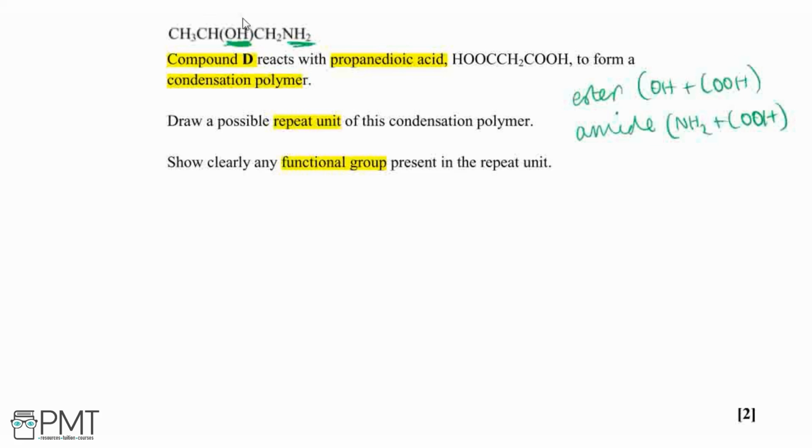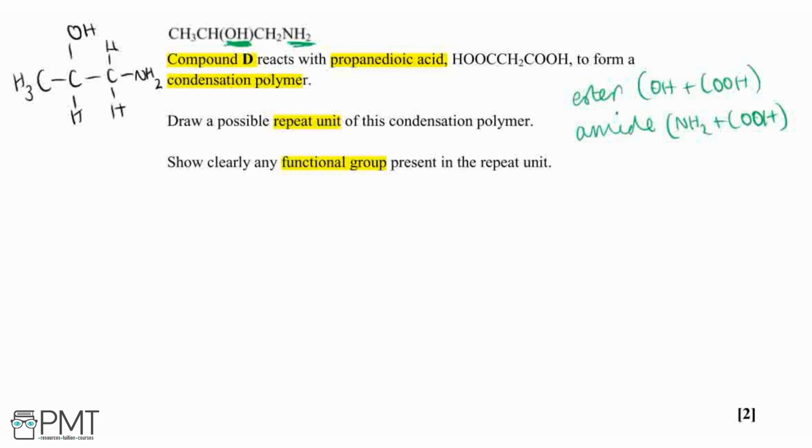So we can either center it around an ester bond, or we could center it around the amide bond. So we'll draw out both options so that we can see each of those. So let's start by centering it around our ester bond. So what I'm just going to do to start off is I'm just going to draw out compound D in a more clear displayed formula to the side so that we can see exactly where we're going to be forming our ester bond overall.